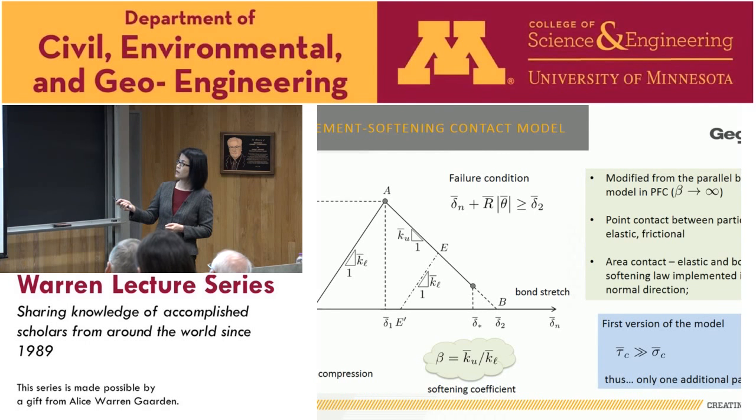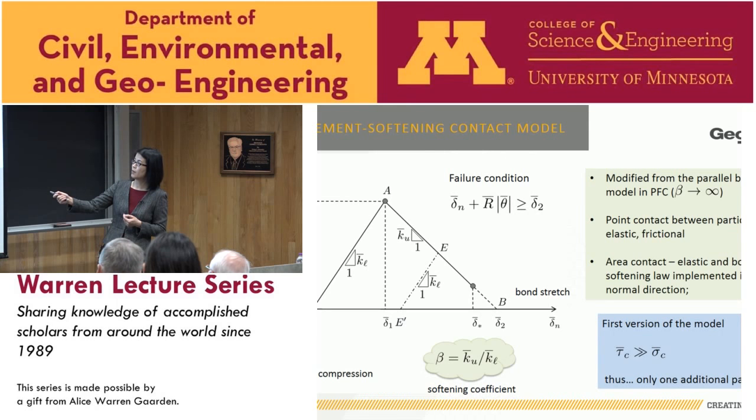So I assume the shear failure is there, and we have nice results regarding the shear bond failure. But at the moment, I'll just show you what the normal component softening does to the material behavior. In all the results here, I'm assuming the shear bond strength is much larger than the normal bond strength, so they don't break.